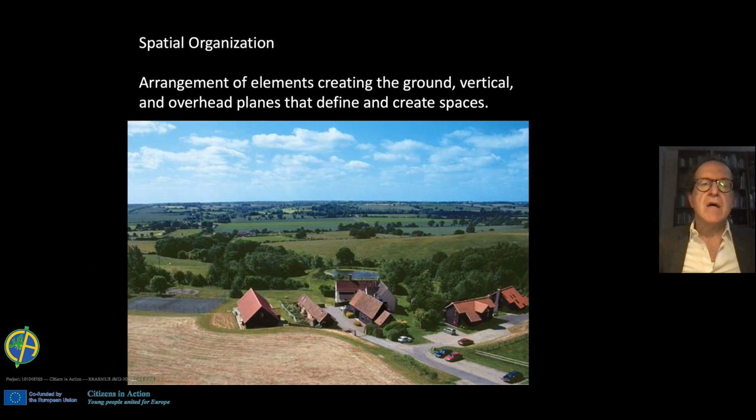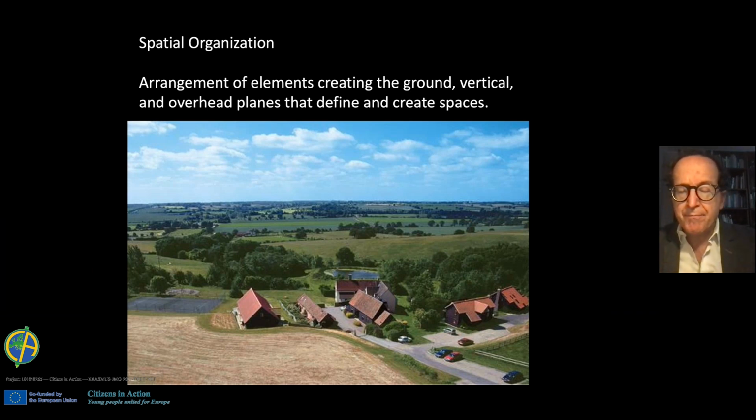In this case, we deal with the character number 1 is spatial organization, which, as you can see from this aerial view, is how the elements of landscape are arranged to create ground, vertical planes, overhead planes, and to shape spaces where then the use of landscape can be provided with agriculture, also installing a village and with life.